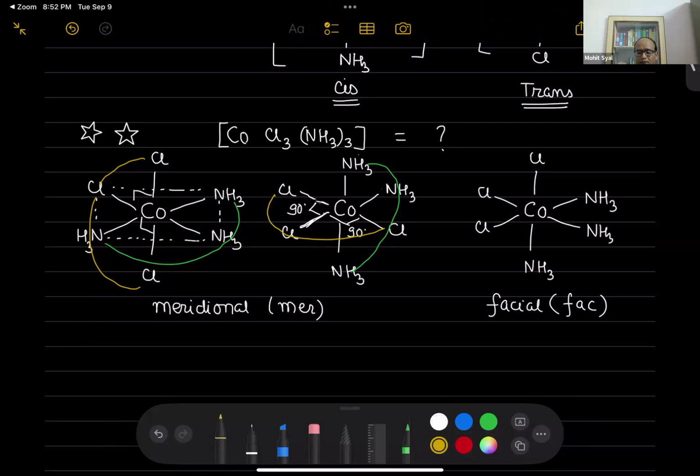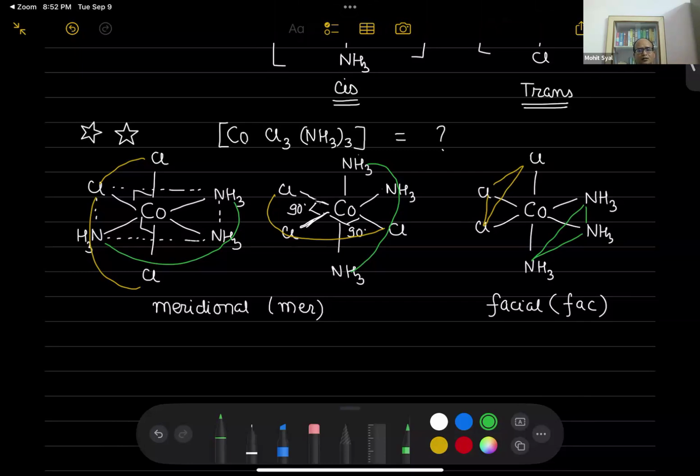Hmm. Is it same or different, Aisha? Different. Yeah, it is different. If you try to connect all the Cl atoms, they are not forming a semicircular latitude or longitude kind of line. They are forming a triangular face, okay, of an octahedron. Same is the case with the NH3 also. Jaslyn, is it clear or not? Marwa, is it clear? Yes, ma'am.